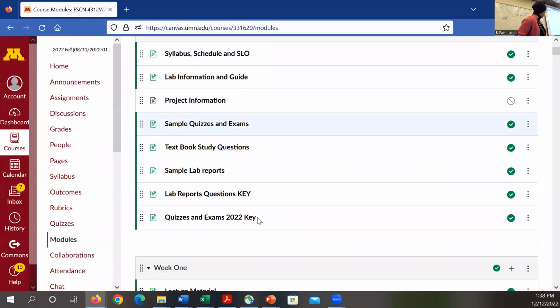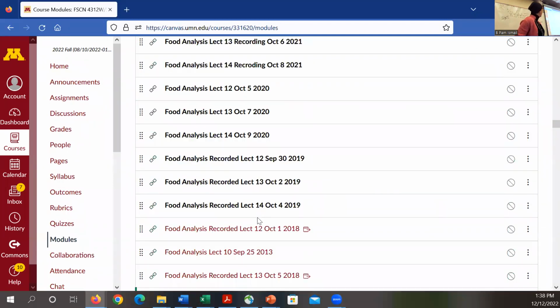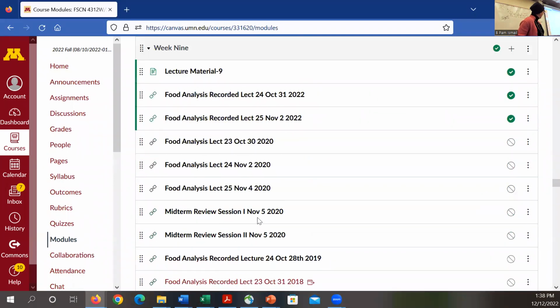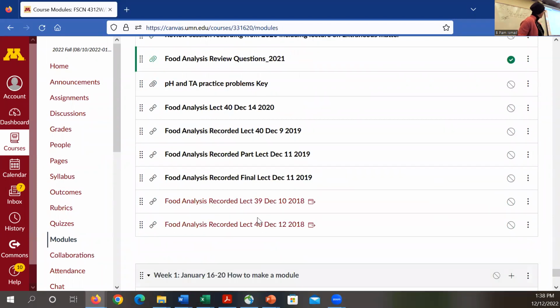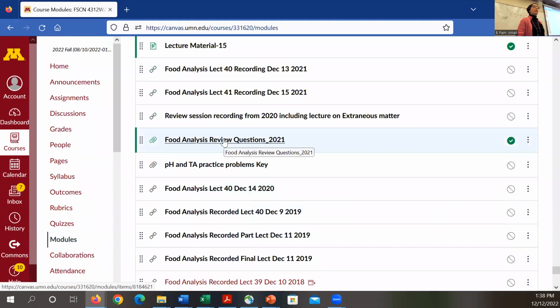If you go to week 15, all the way down, you'll find a document that has many questions. Try to look at it before Wednesday. It's really important that you're able to solve some of these questions so that we can have an interactive review session on Wednesday.